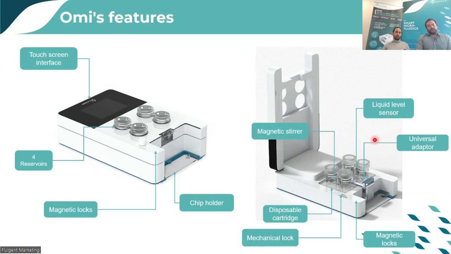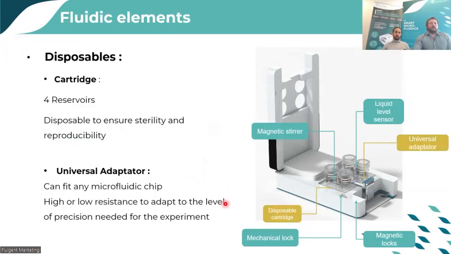When you open it, you can see that the reservoirs belong to a cartridge that is removable. And you have this element here that is an adapter. It will make the connection between your chip and the reservoirs. About those fluidic elements, the cartridge is delivered sterile, and it is considered a disposable, so you can use it for one experiment and then dispose of it.